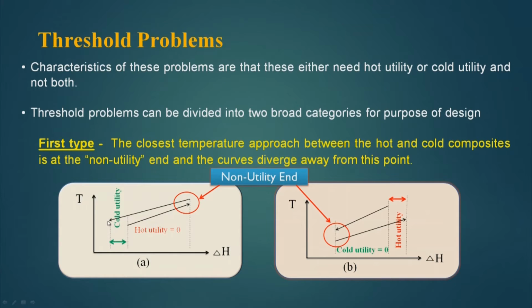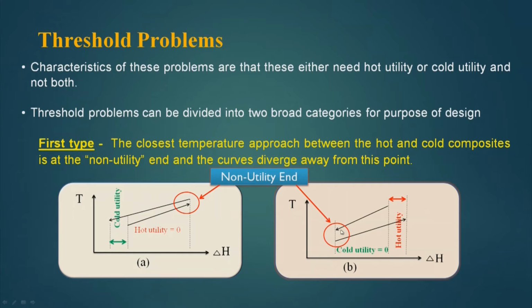In the first problem, this is the non-utility end. Here the hot utility requirement is 0, and in the other end, which is a utility end, there is a requirement of cold utility. Now, the delta T is minimum here, but as we go away from this, the delta T increases.